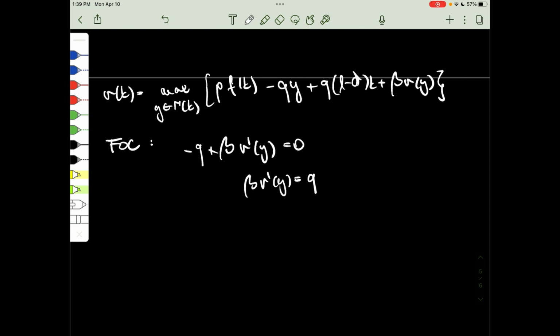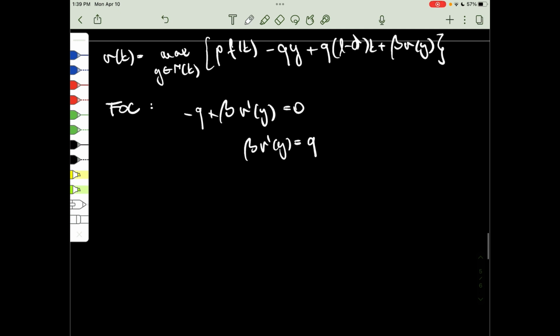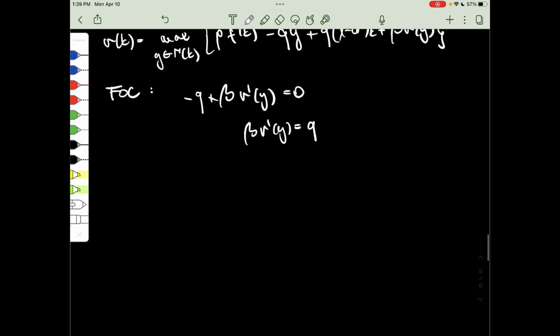So we may try to get to the v prime function indirectly through the Benveniste-Scheinkman formula, or let me show you another way to the derivative of the value function.